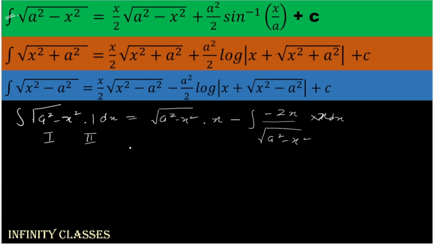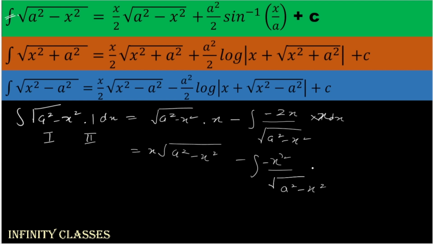Now we will simplify, so it will be x root a square minus x square, plus integration of x square upon root a square minus x square dx.